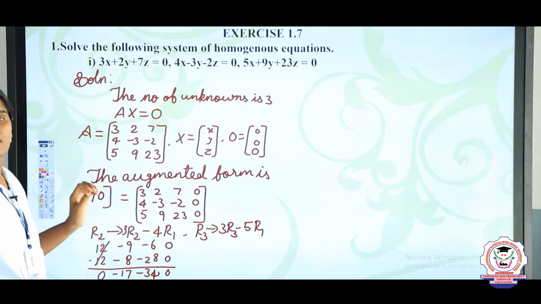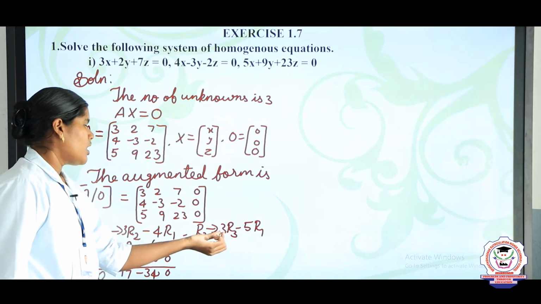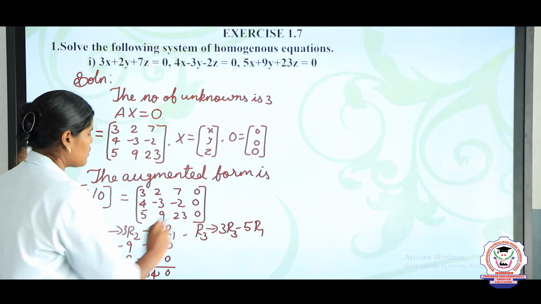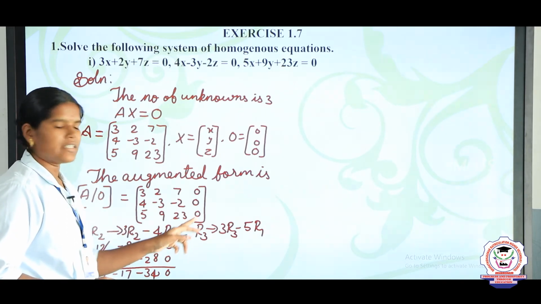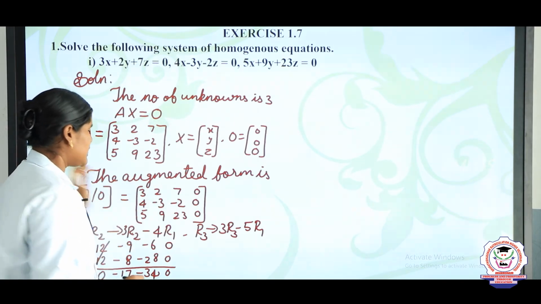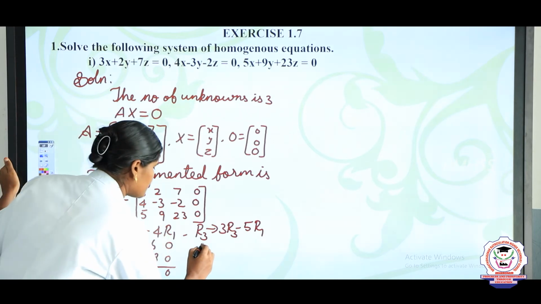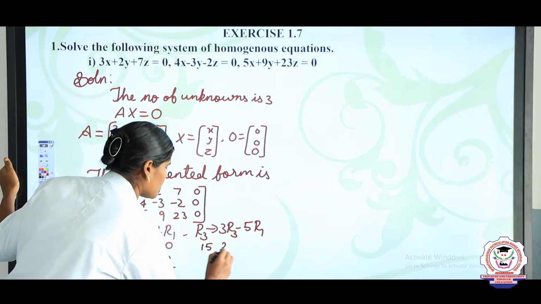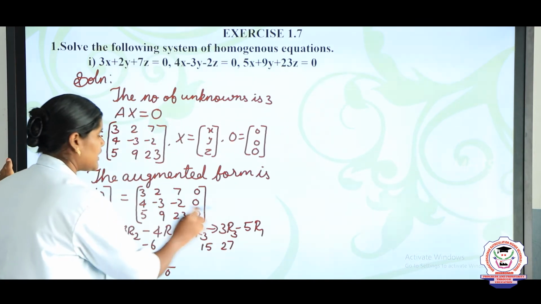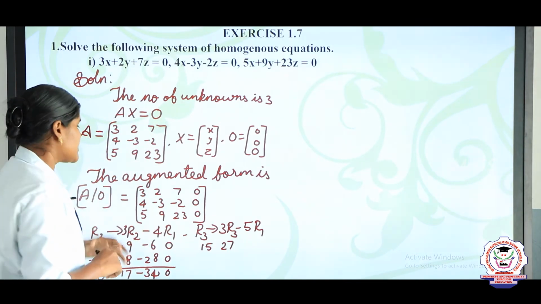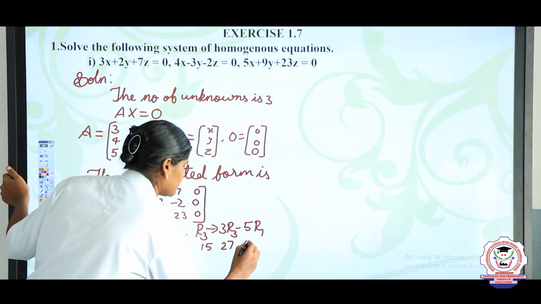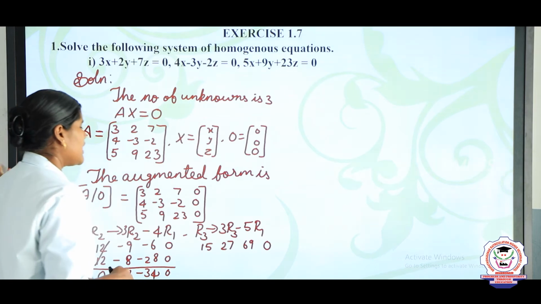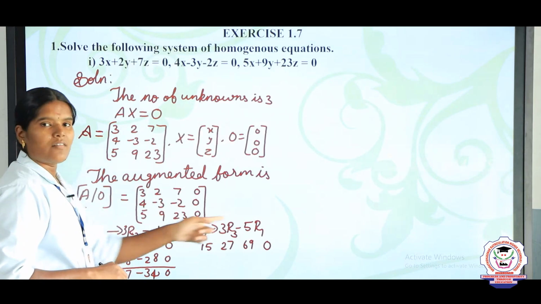Okay. Now, I am going to multiply row 3 with 3. So, row 3 values are 5, 9, 23 and 0. Multiplied with 3 means we get 3 5s are 15 and 3 9s are 27, 3 into 23 are 69 and 3 into 0 will be 0. Then I am going to multiply row 1 with 5.